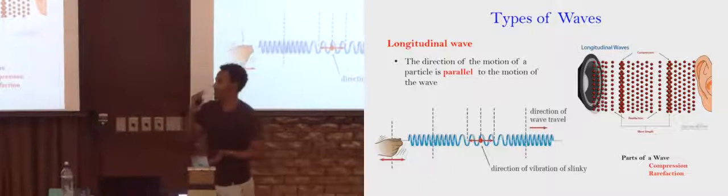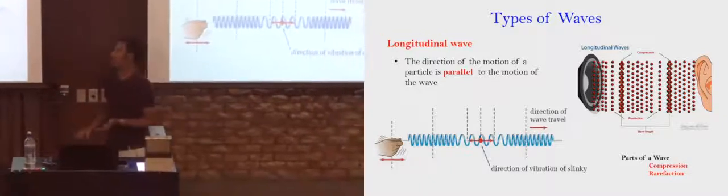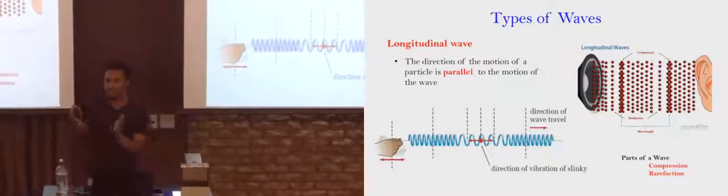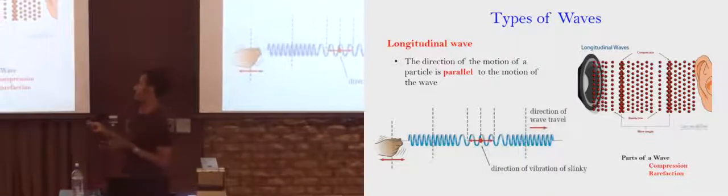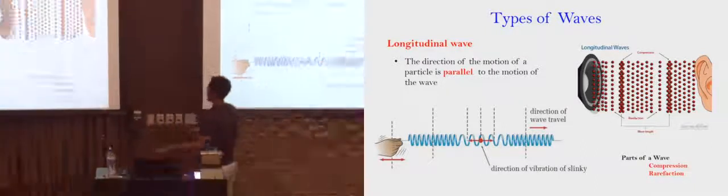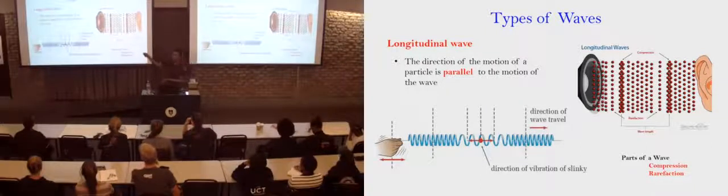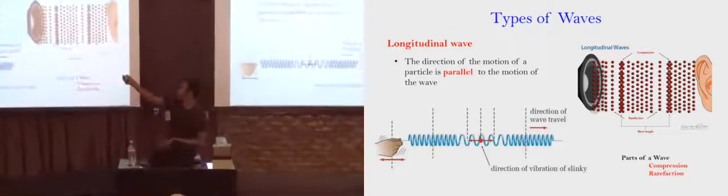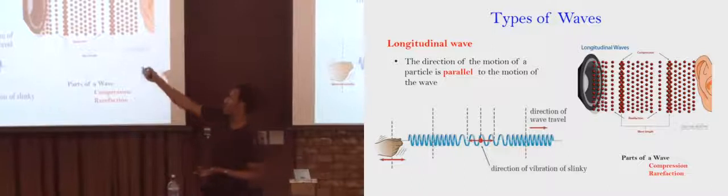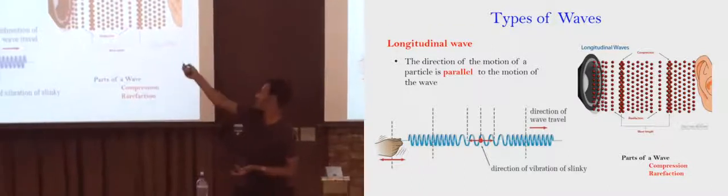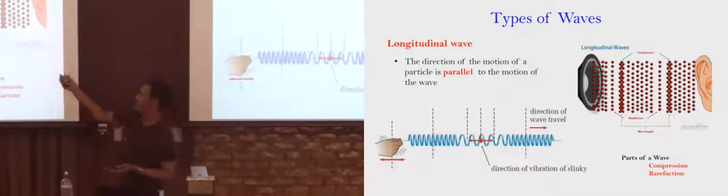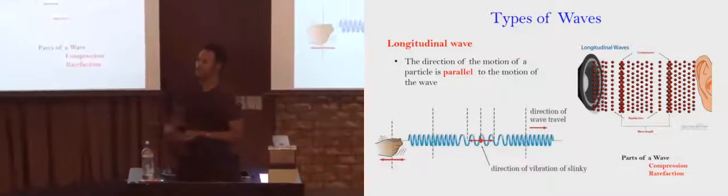And when sound transfers from one point to another point, the particles will compress and relax when they transfer energy. So they can be explained in terms of compression and refraction. This is the compression part, where high energy can be found, and this is a refraction part where energy is released from this point and transferred to the other point.